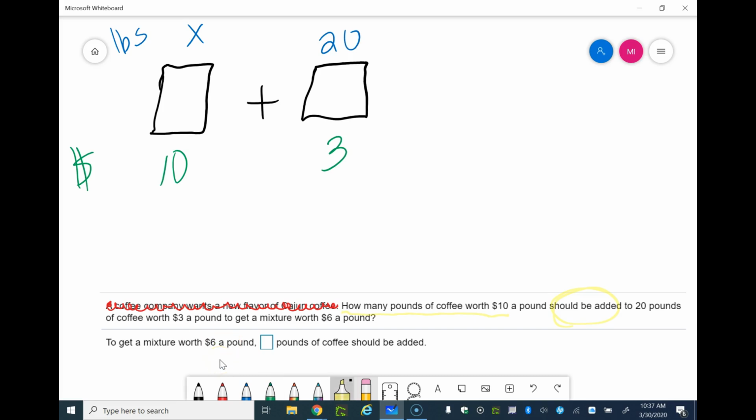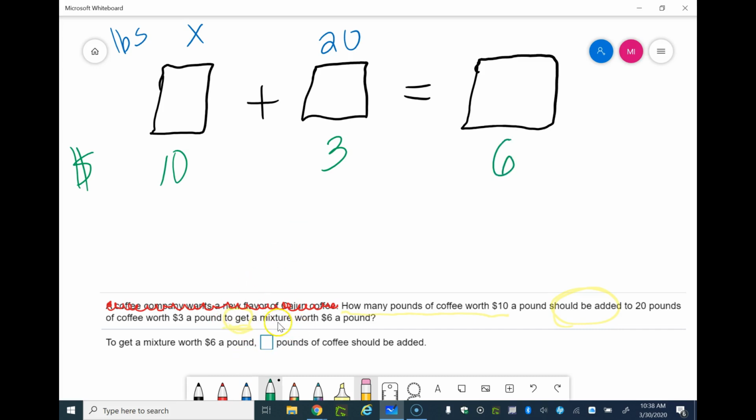Next part of the problem, to get. What I've been saying is equal. Equal means equal. This time, to get is going to actually mean our equal sign. We're going to have this time a mixture of the pounds, and this time is going to be worth $6. So let's make this one a little bit bigger. And we already know this one's going to be worth $6.